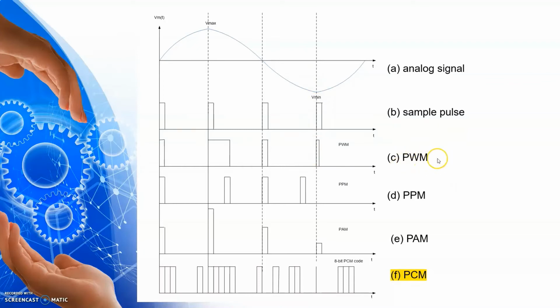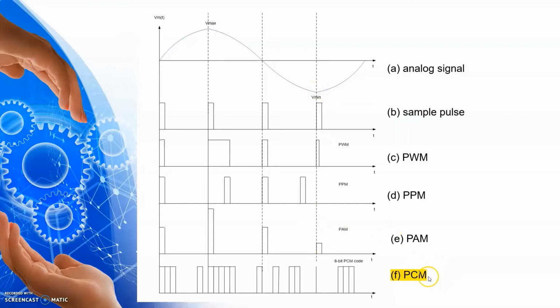This is how pulse width modulation occurs. For pulse position, for the higher amplitude, the position of the pulse is shifted to the right, and for the lower amplitude, it is shifted to the left. For pulse amplitude, the pulse just has a different height following the amplitude of the signal. When the amplitude of the analog signal is higher, the pulse has high amplitude, and when it is lower, the pulse has lower amplitude.